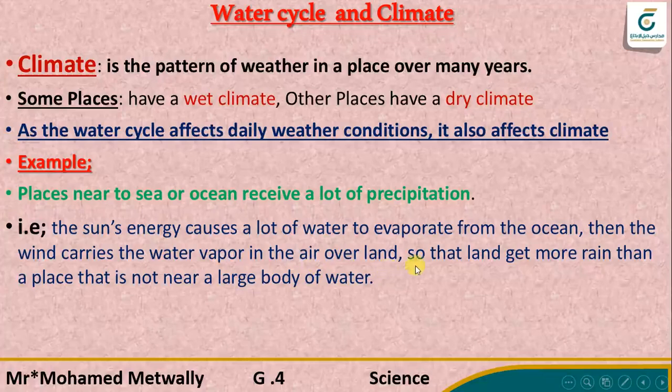So the land gets more rain than places that are not near a large body of water. That's why places near the sea or the ocean, like Jeddah, like any coastal city, receive a lot of precipitation. So we can describe this city or this place with a wet climate. So the climate here represents the pattern of weather over many years.